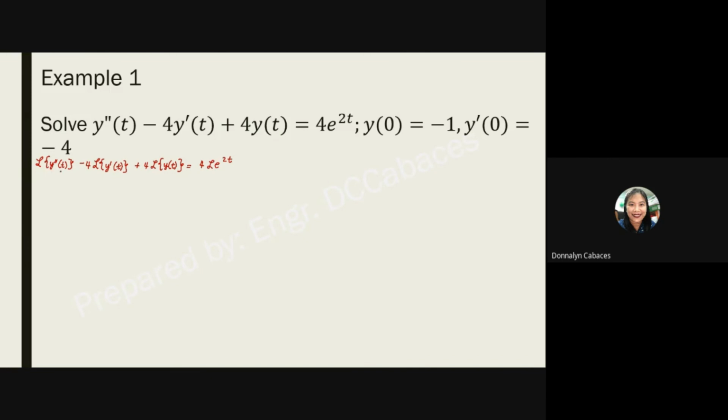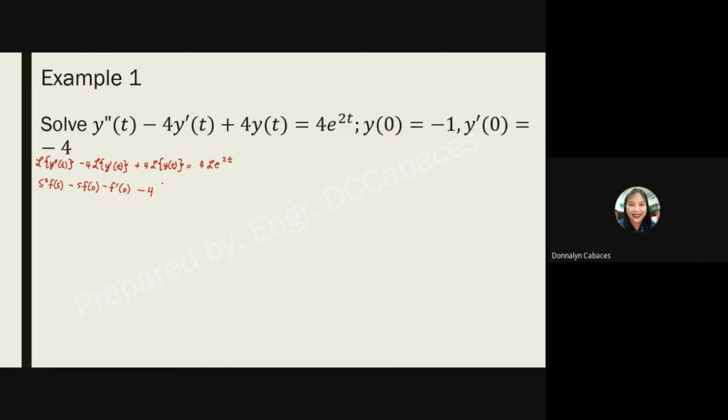So we determine first the Laplace of the second derivative. If we recall, that would be equal to what? That is equal to s squared f of s minus s f of 0 minus f prime of 0. Okay, that is for the second derivative. Now we go to the next, minus 4. What is now the Laplace of the first derivative?